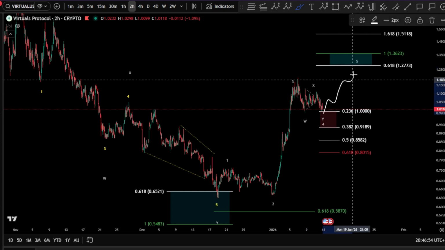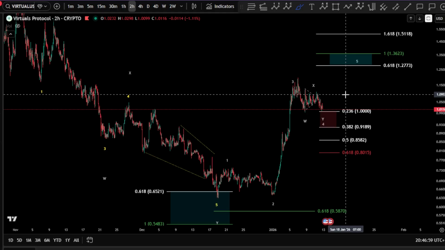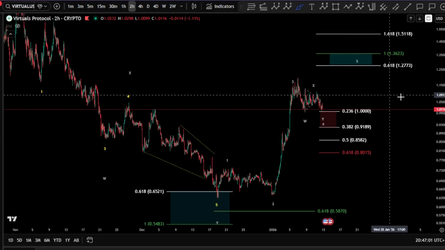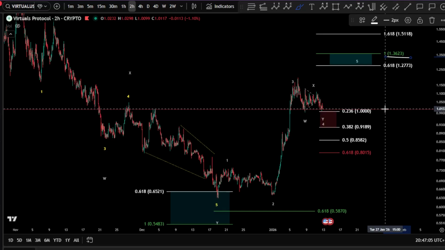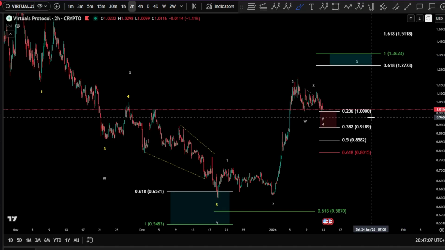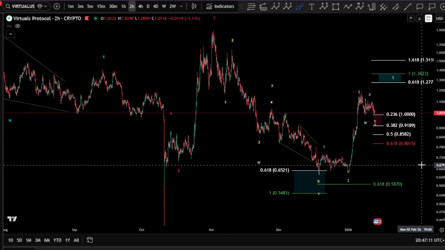So I'm looking here for a wave 5 to unfold around the 0.618 and the 1.0 Fibonacci level at $1.27 and $1.36 for Virtuals. Yep, so these are the possibilities right now.